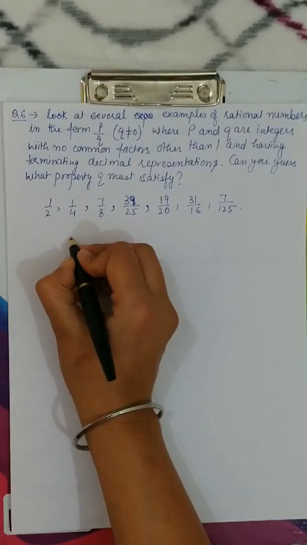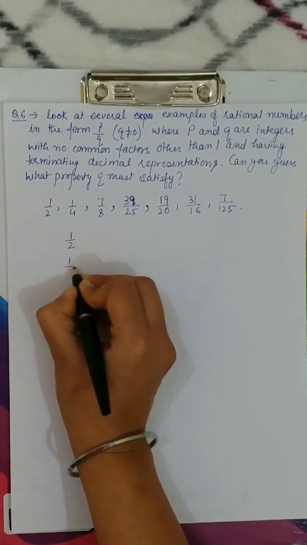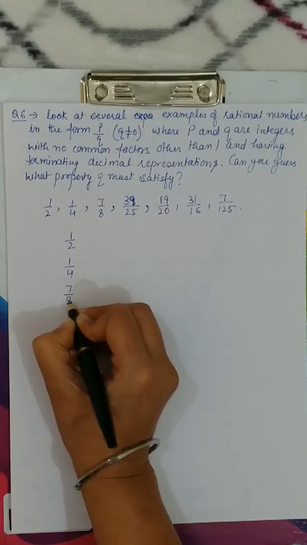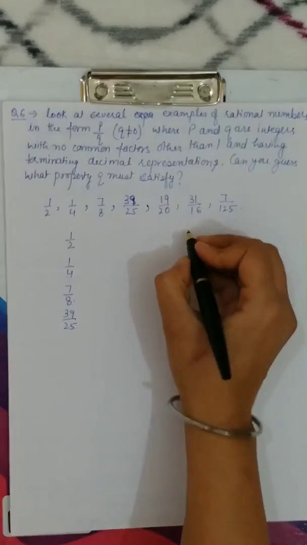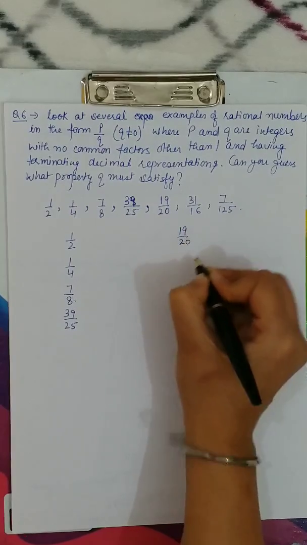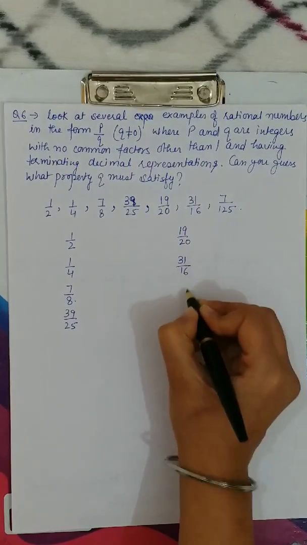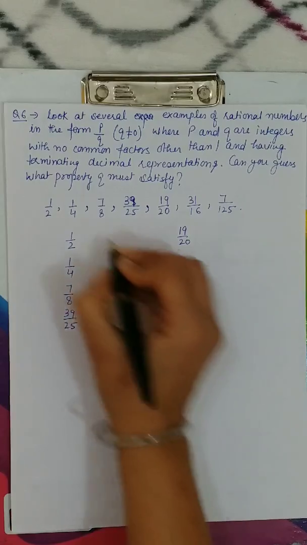Now, if you check 1 by 2, 1 by 4, 7 by 8, 39 by 25, 19 by 20, 31 by 16, 7 by 125.